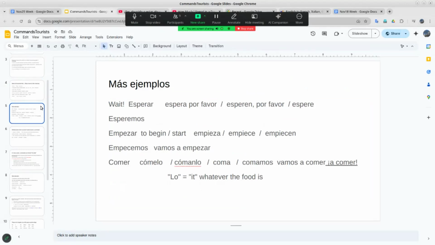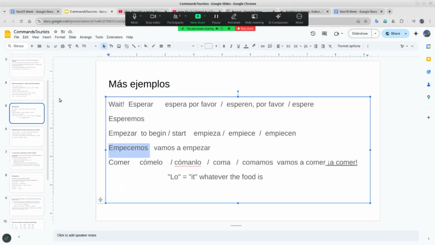And we had some other little examples. A nosotros command, empezar, empecemos. The let's-do-it commands use opposite vowels, just like usted uses opposite vowels, just like ustedes uses opposite vowels. Not empezamos, we are starting, it's a fact, but empecemos, let's start.